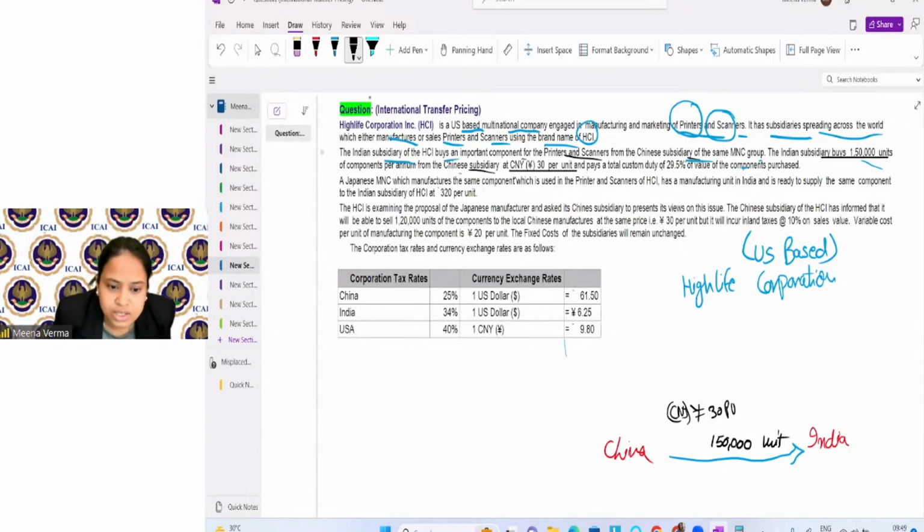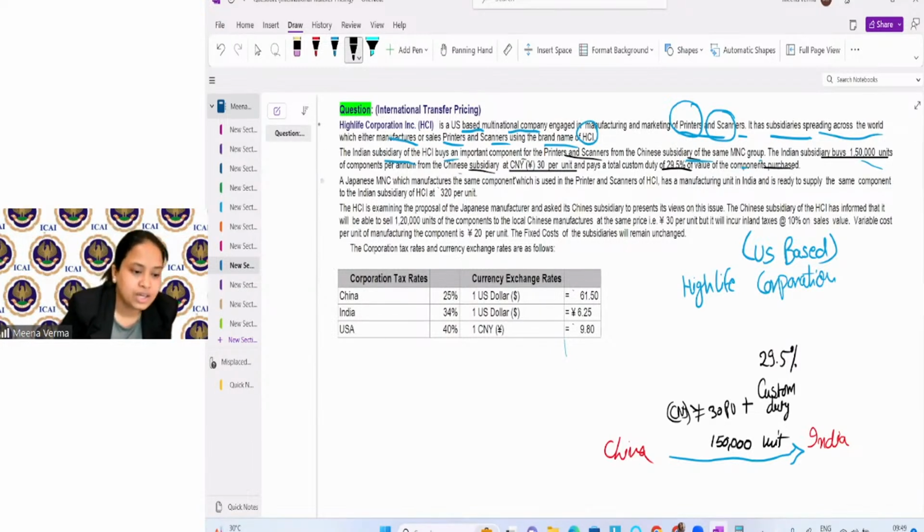And pays total custom duty of 20. Besides this, they are paying custom duty also. How much custom duty? Because in India custom duty is levied, right? So when they are importing from China, they are paying custom duty. And if you buy something from China, the custom duty is very high, right? So 29.5% is the custom duty, of the value of the components purchased.